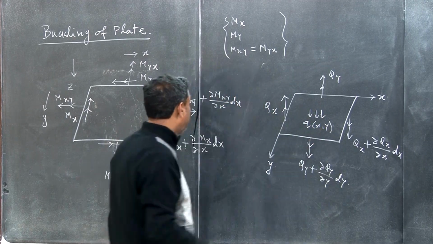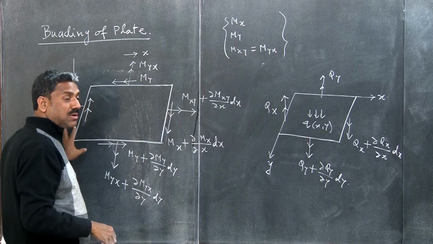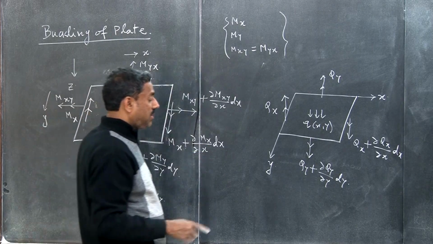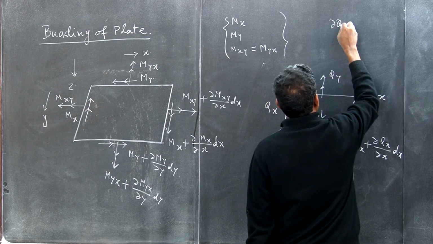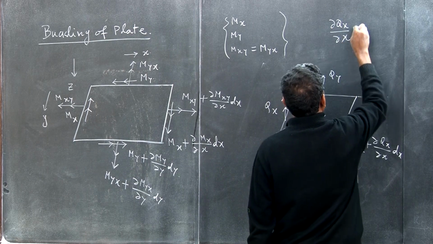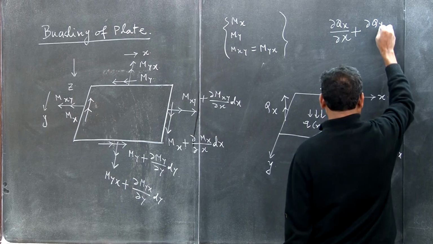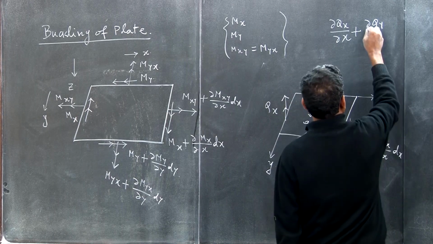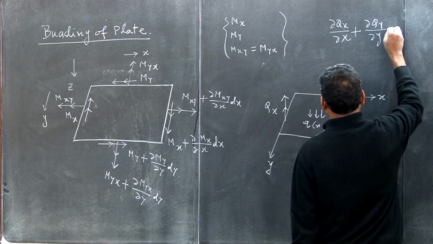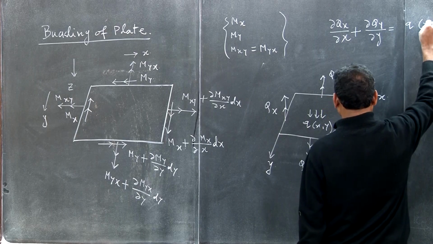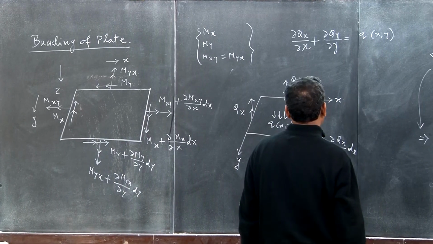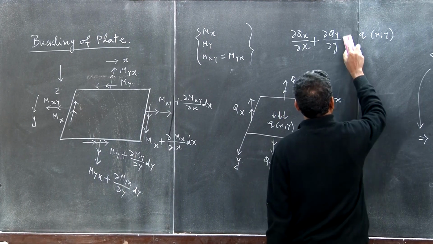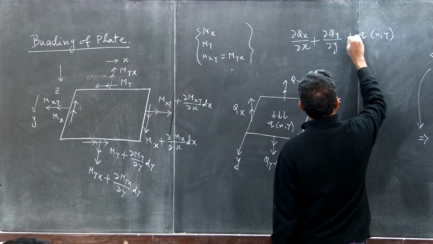So from there you can do the force equilibrium and then the moment equilibrium. The force equilibrium will give you the equation del Qx by del x plus del Qy by del y plus q is equal to 0.